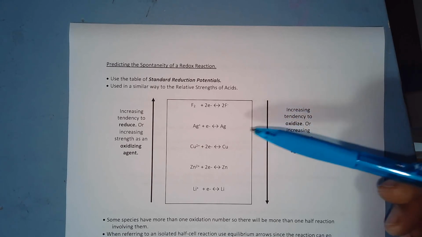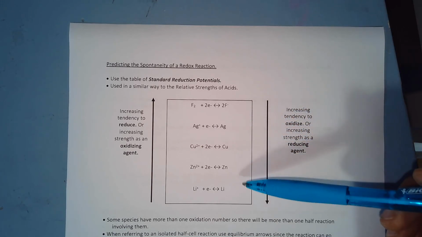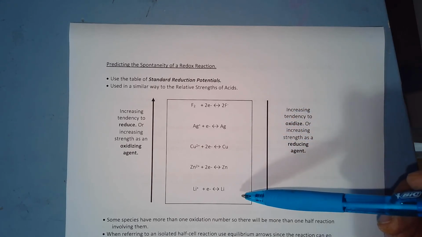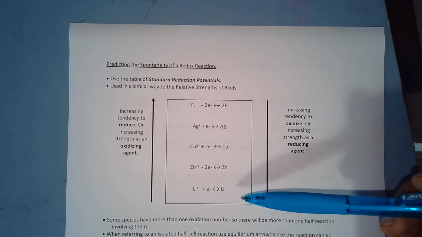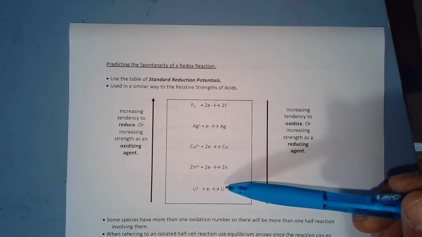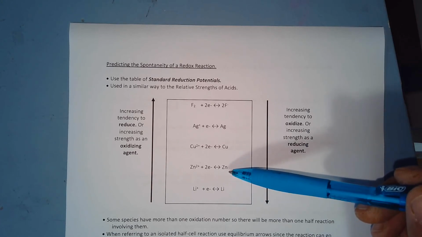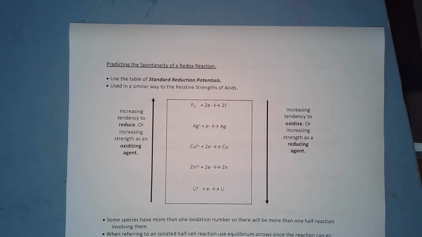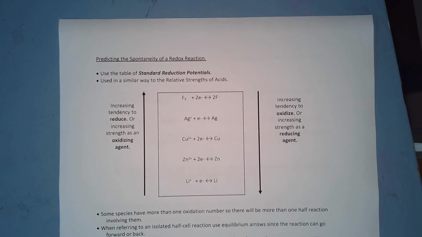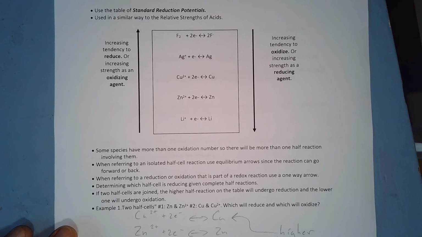And then going down and looking at the right hand side, this is just the opposite. So this is telling you which has a greater tendency to oxidize, or a stronger reducing agent. So lithium would be a stronger reducing agent than zinc. So we're going to need to use that table to look at the examples that we're doing.